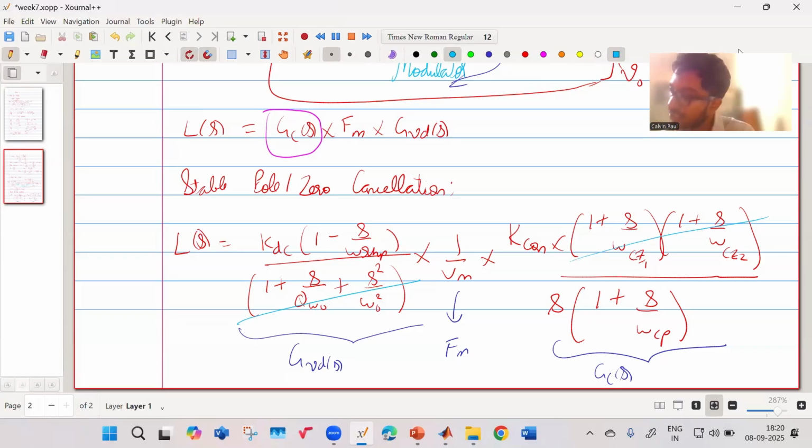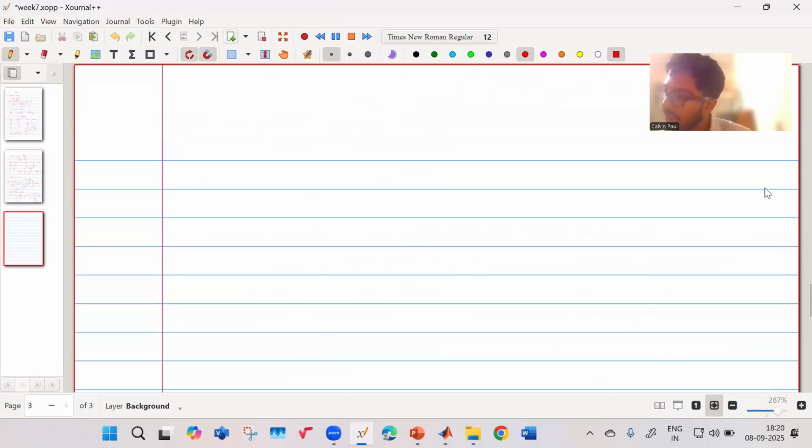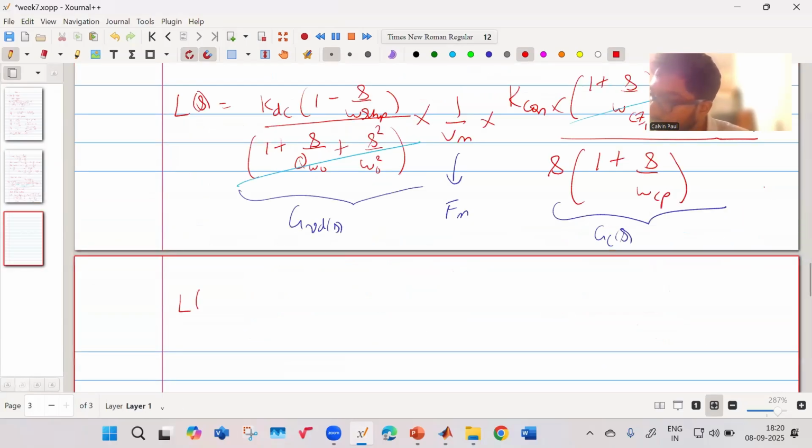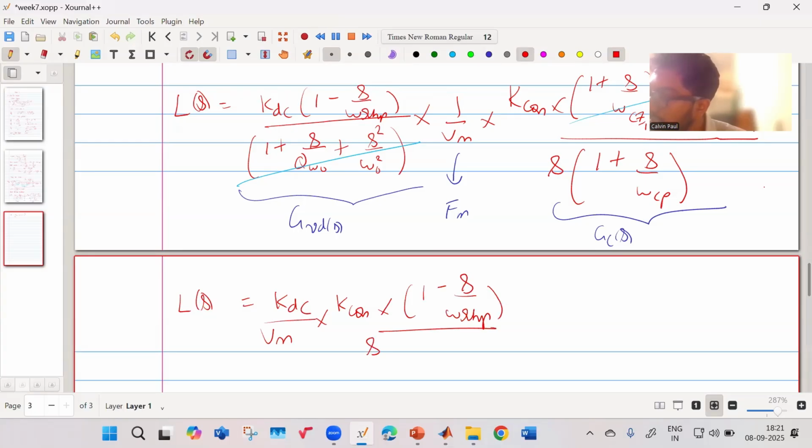Maybe we had placed our controller zeros such that they cancel out this denominator of our plant. So then what are we left with? We are left with L of S is KDC upon Vm into K controller into 1 minus S upon omega RHP upon S into 1 plus S upon omega controller pole.